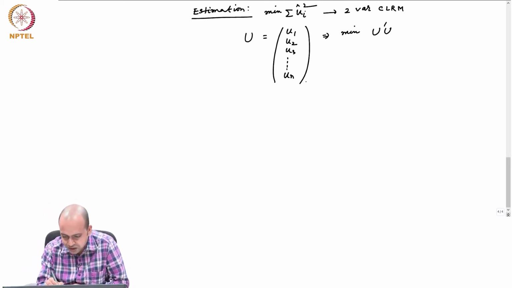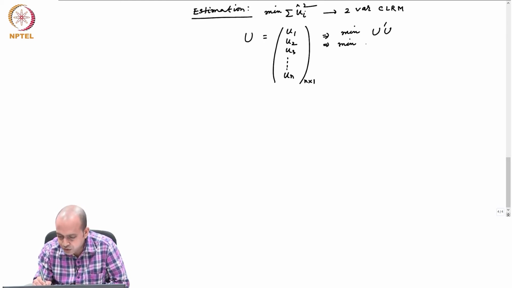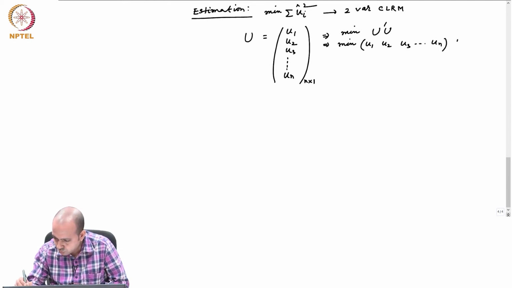This is your u matrix, which is n cross 1. So, you should minimize this. What is u prime u? That means this is a column, so this would become your row u1, u2, u3 dot dot dot un, and that you multiply with the column u1, u2, u3 dot dot dot un.